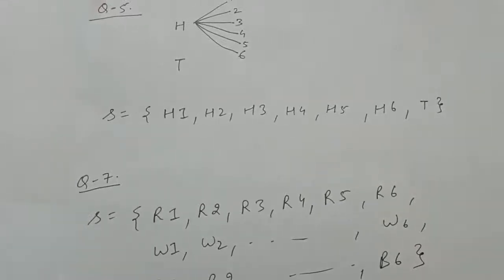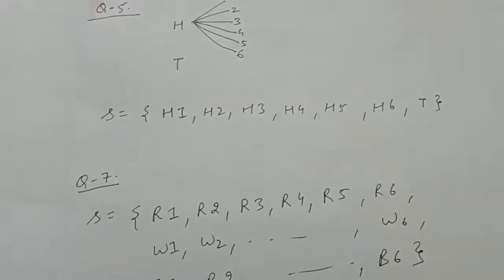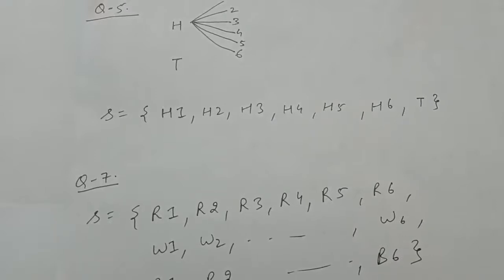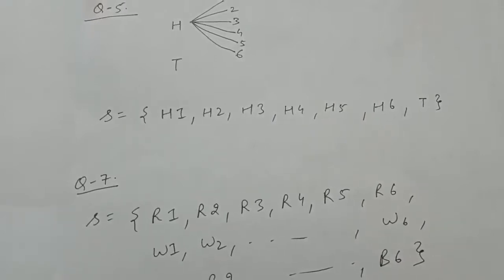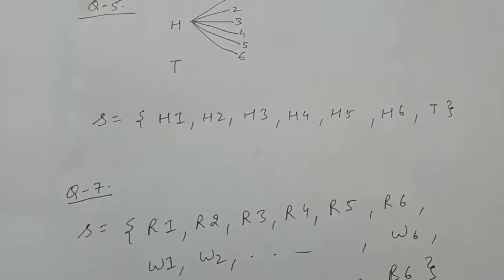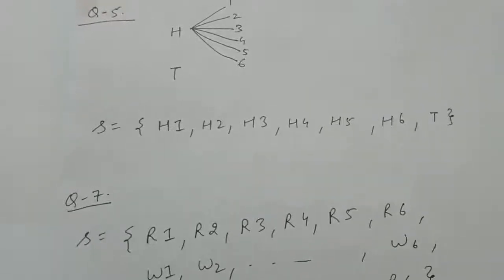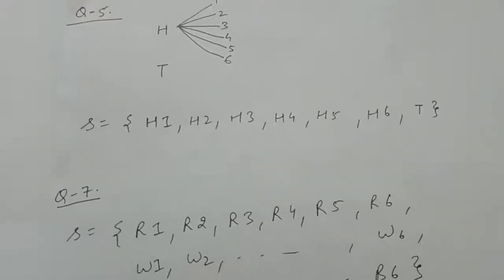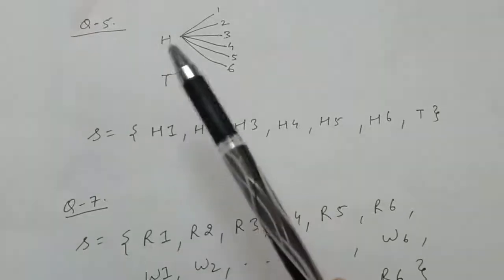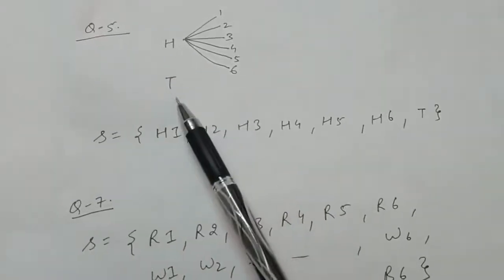Question number 5 is: a coin is tossed and then a die is rolled only in case a head is shown on the coin. So in this question they have said that first of all we have to toss a coin, right? Now the outcomes can be either head or tail.